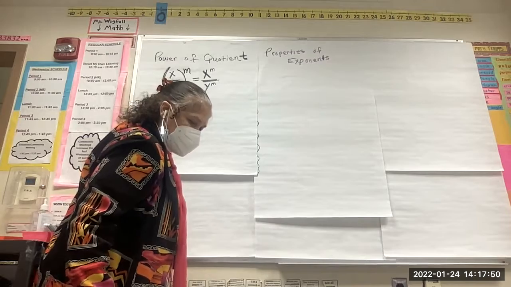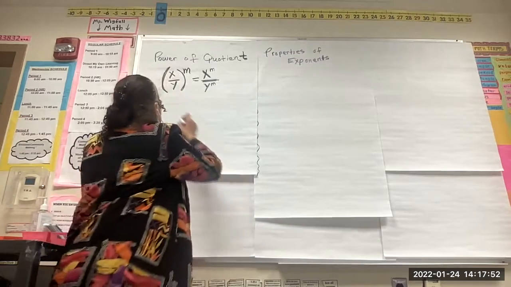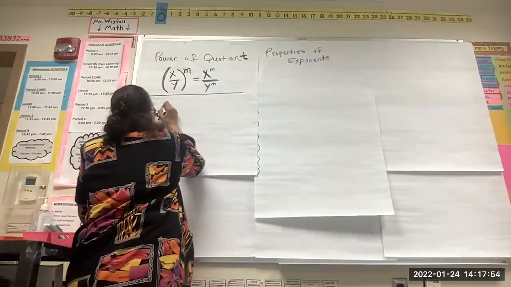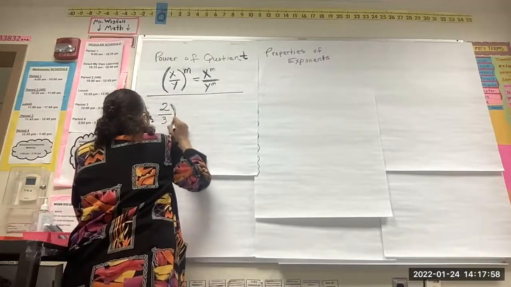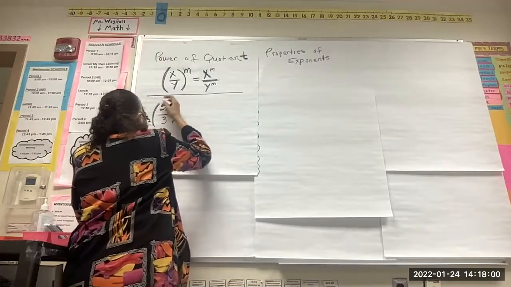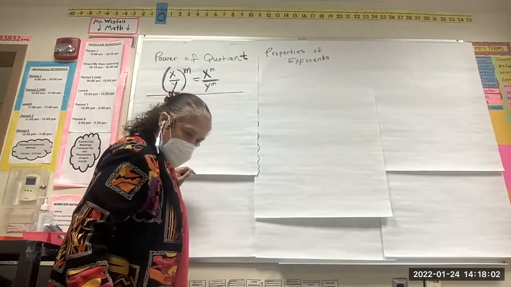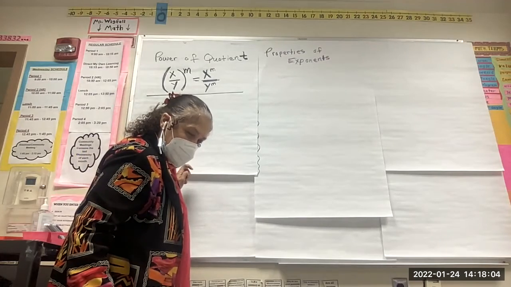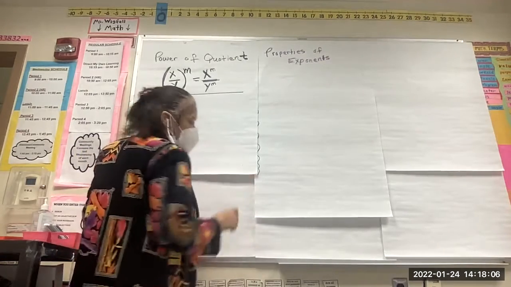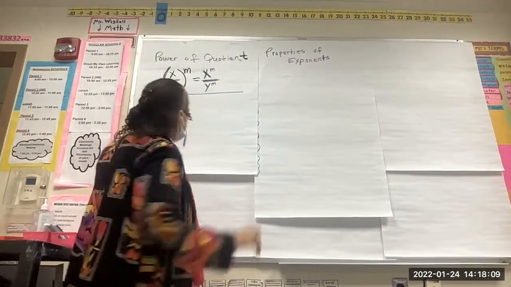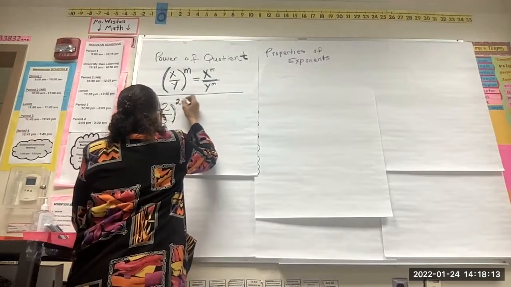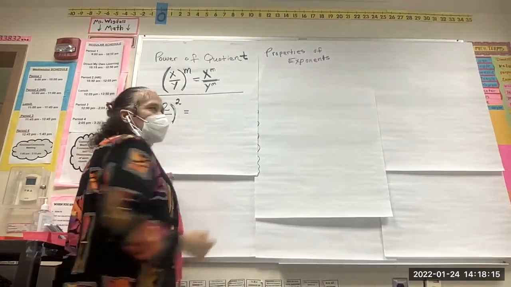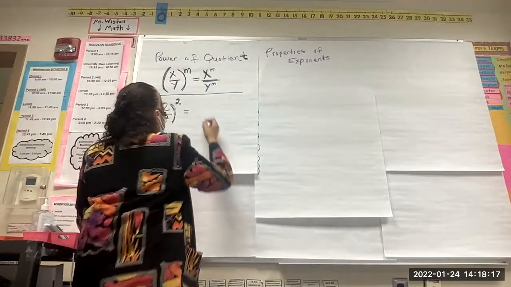Now, to prove that, suppose I gave you the number 2/3 quantity to the power of 2. That means that this power of 2 outside the parenthesis goes for both numbers inside and takes them to that power.